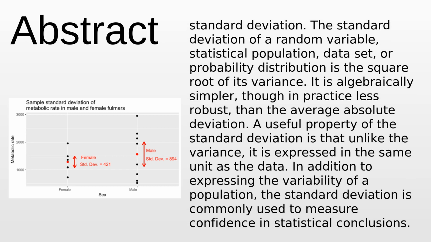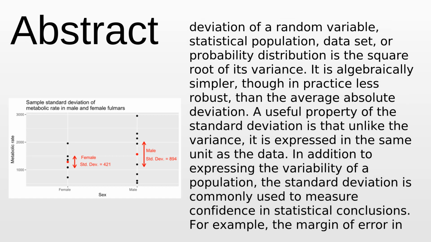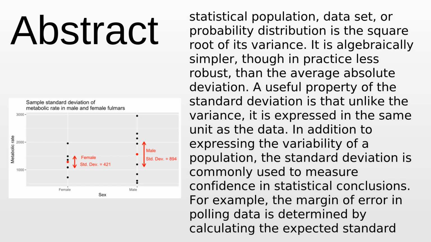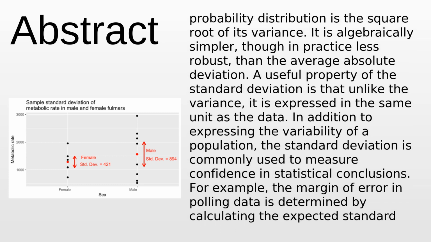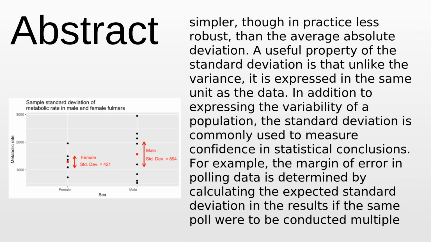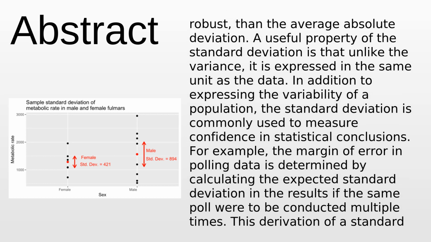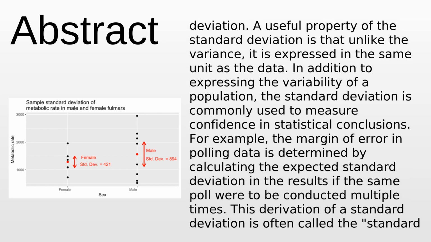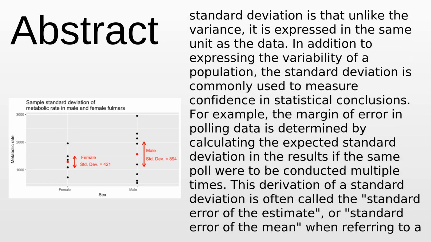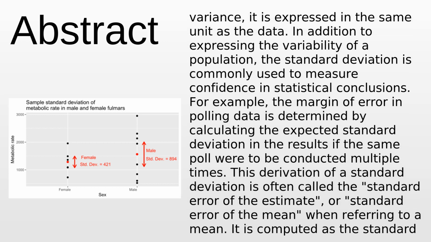The standard deviation of a random variable, statistical population, data set, or probability distribution is the square root of its variance. It is algebraically simpler, though in practice less robust, than the average absolute deviation. A useful property of the standard deviation is that unlike the variance, it is expressed in the same unit as the data.